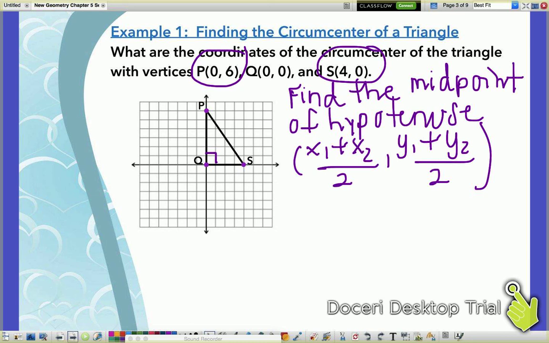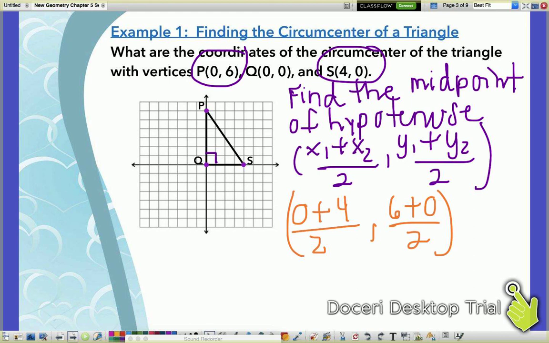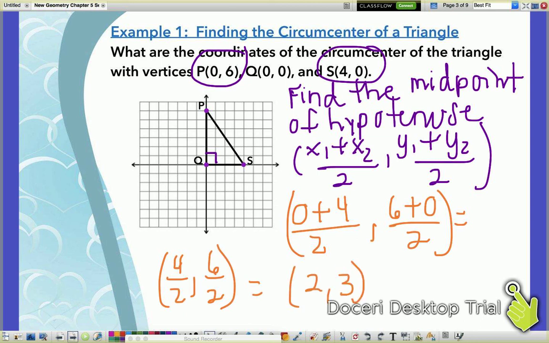My x1 would be 0, my x2 would be 4, and then I would have 6 plus 0 over 2. So that would be 4 over 2 and 6 over 2. We're going to write those as whole numbers though, so I would have 2, 3. Right here would be my circumcenter of the triangle.